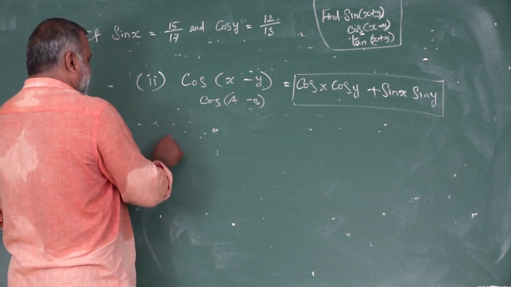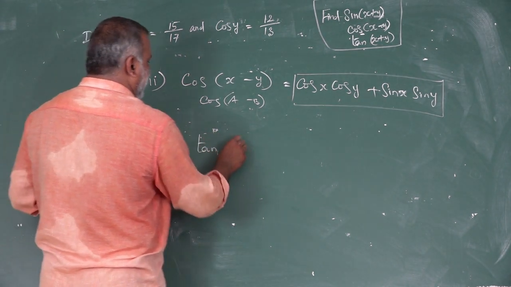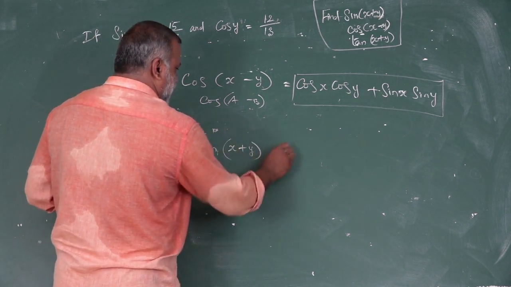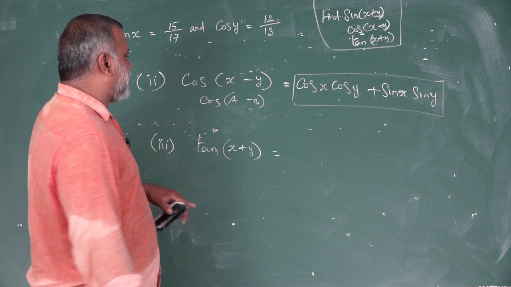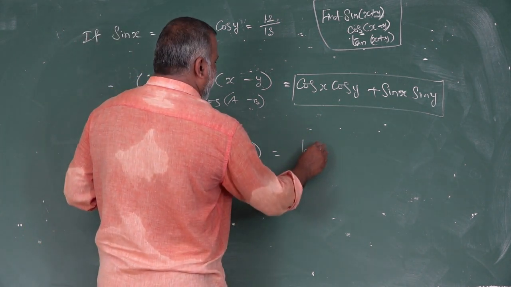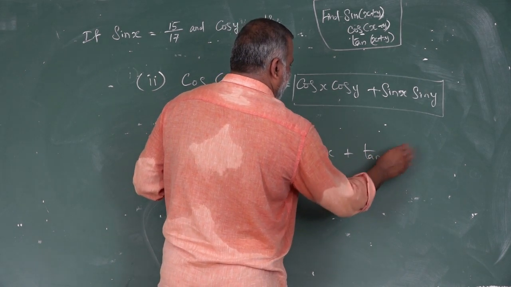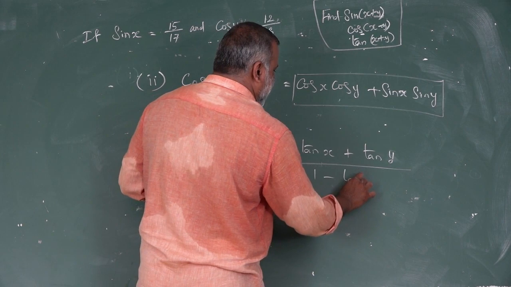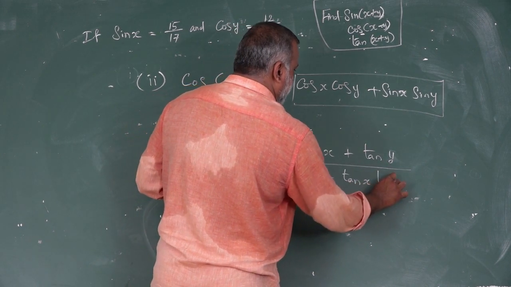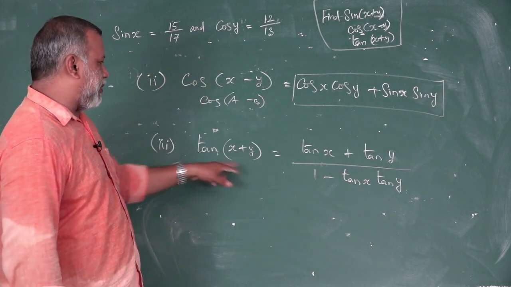See the third one, tan of x plus y. What is the resultant of tan of x plus y? Tan a plus tan b divided by 1 minus tan a tan b. So this is the formula for tan of a plus b.